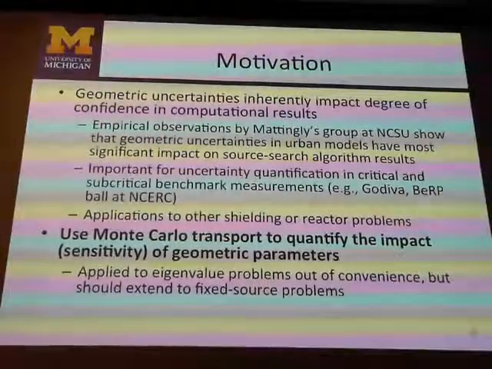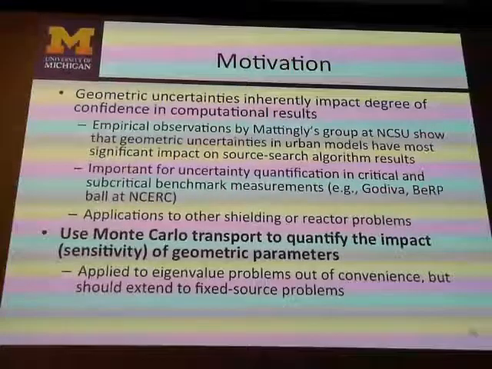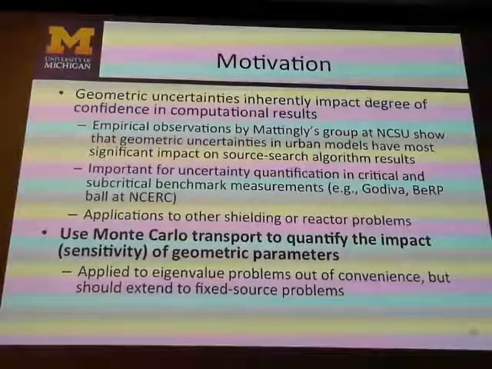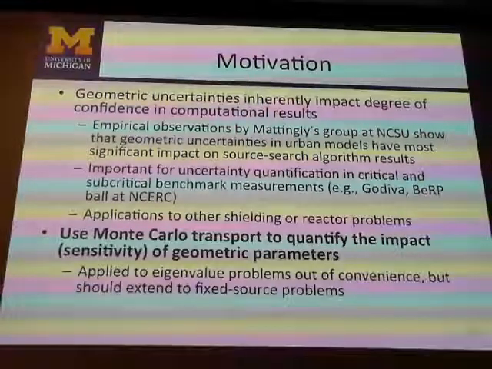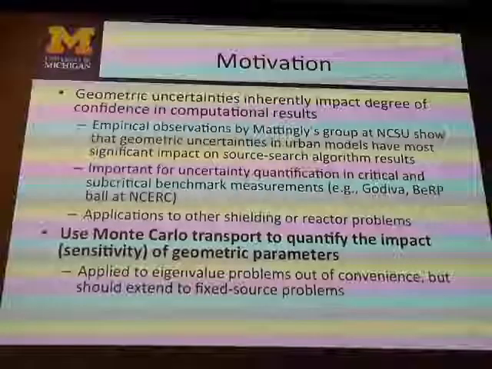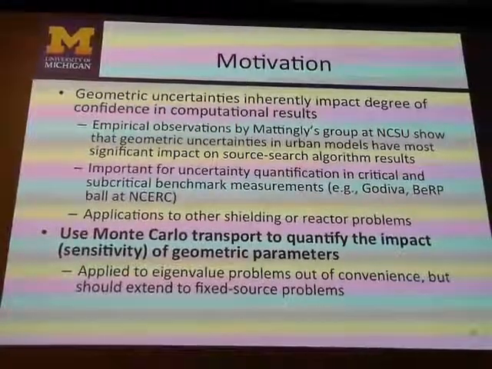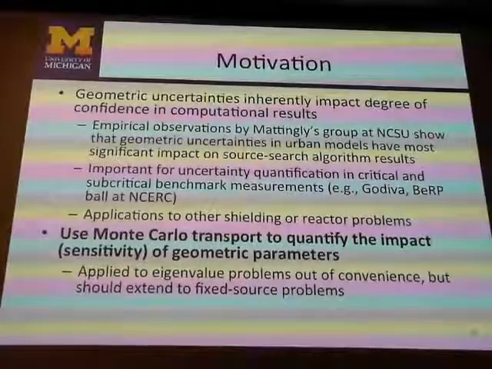For us specifically, as far as CMAC, empirical observations by John Manning's group at NC State say that the geometric uncertainties of the buildings actually drive the largest uncertainties for the search models that they have. The densities and those things really don't matter as much, which surprised me, that they have such a big effect.